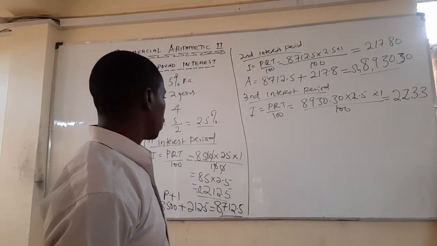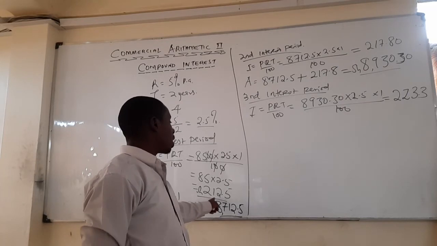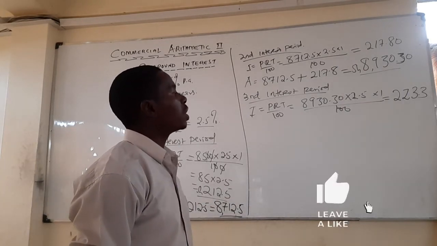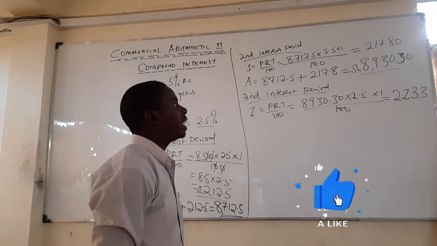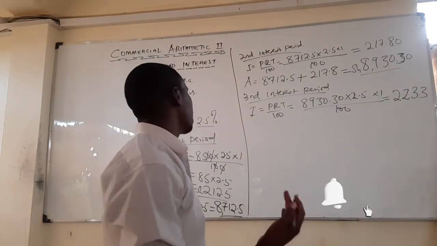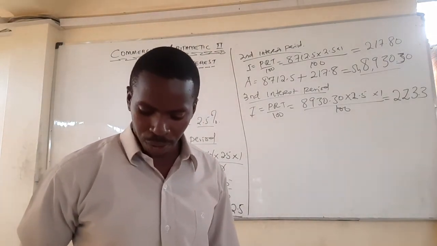And if you check here, our interest is increasing. The first interest was 212, the second one was 217, then the third one is 223. This is what we talk about in compound interest, because you're increasing the principal after every period.